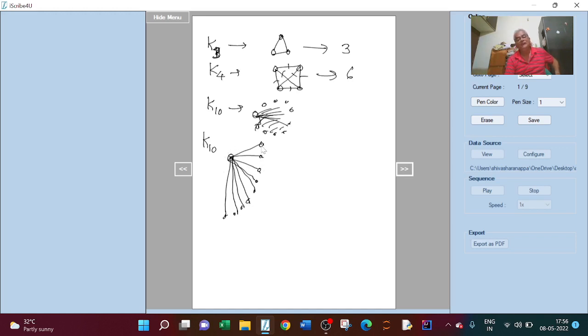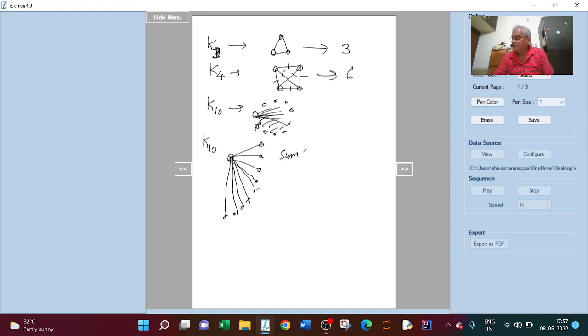Similarly, we are in K10, that is a complete graph. Therefore, this also must be adjacent with every other vertex, that is 9 vertices. Degree of this is also equal to 9. Similarly, degree of this equal to 9. So the degree of each vertex is equal to 9. And the total number of vertices here is 10. So what is the sum of the degrees?